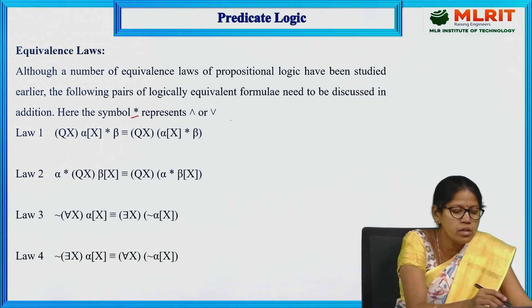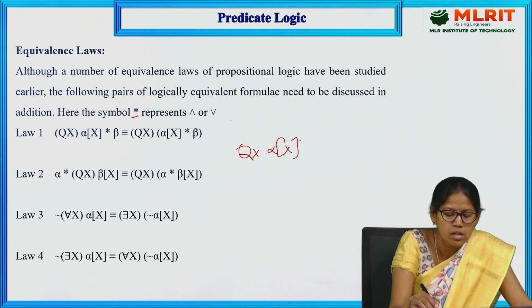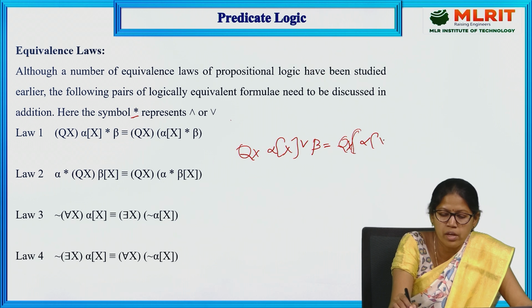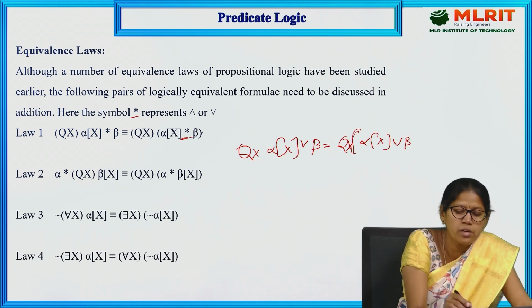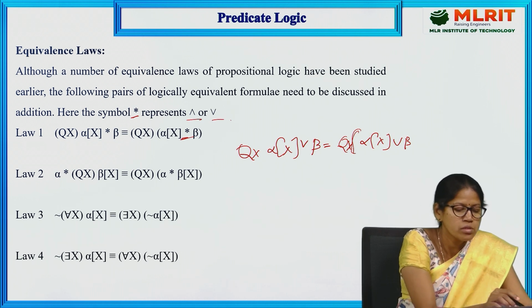For example, look here, Q of X, alpha X or beta. Then we can take Q of X separately, and alpha of X or beta. This asterisk symbol represents both, based upon the formula. So let's see law one.